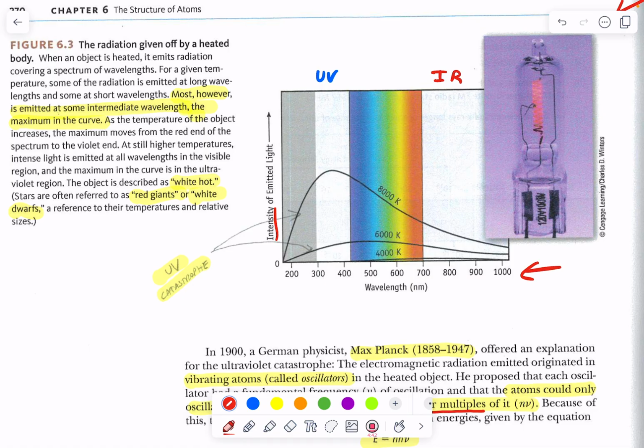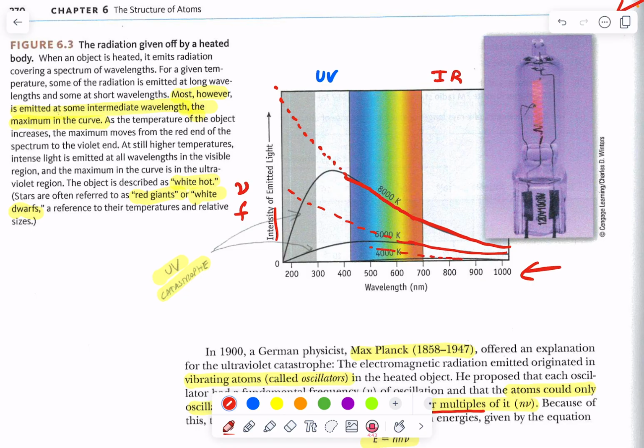This could also be frequency here, or we could use the letter F for frequency. And you can see that my graph is going up and up and up. And we'd expect it to continue going on up and up like that. At a lower temperature, you might expect your graph to go something like this. And an even lower temperature, you might expect the graph to kind of go like that.